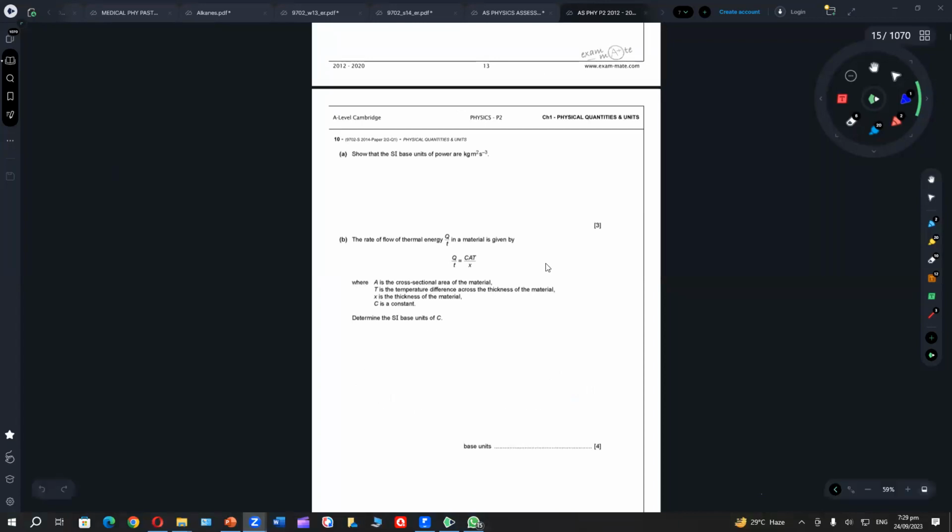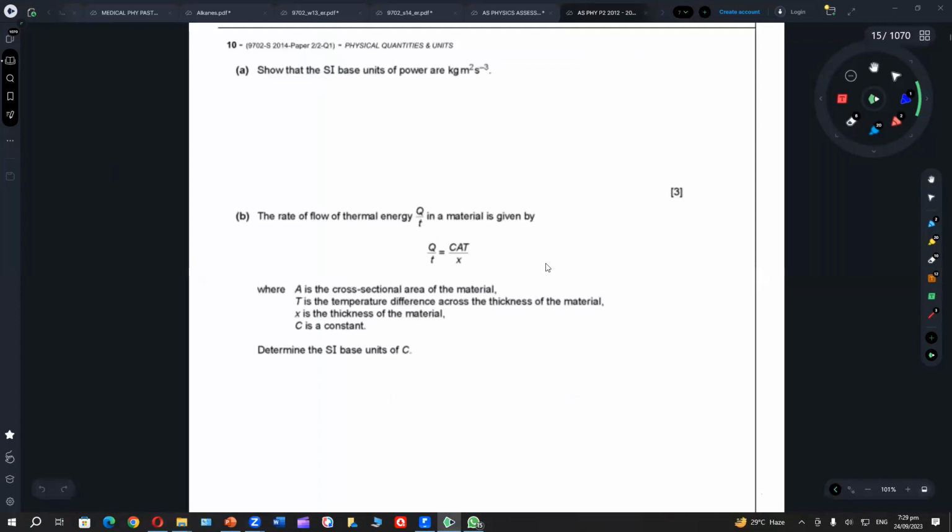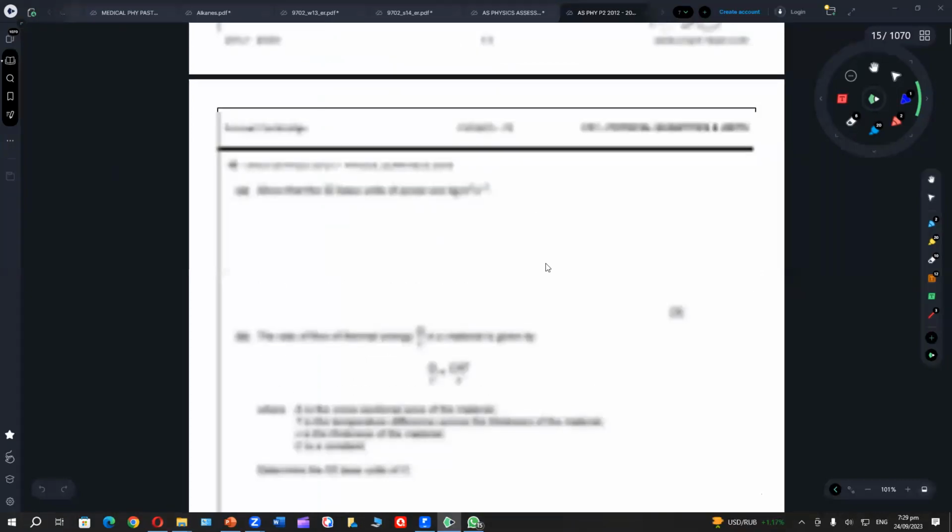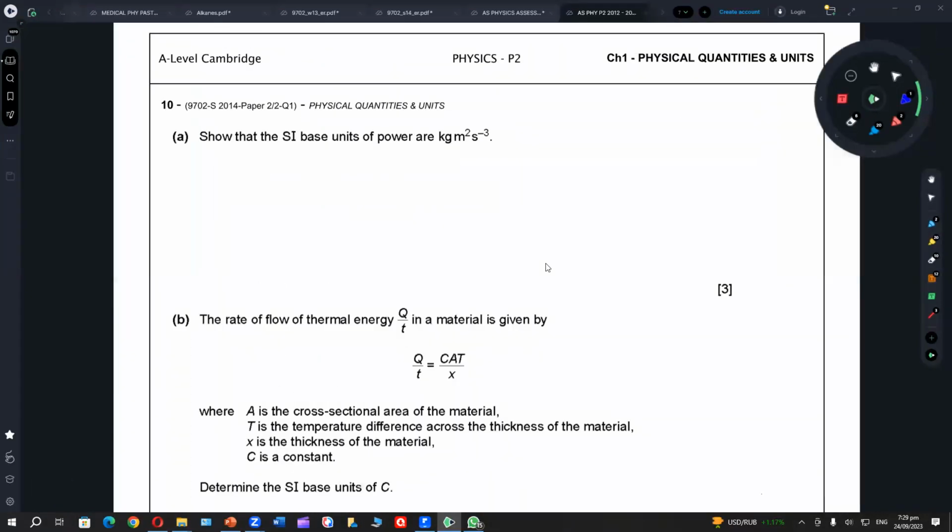Just only for 5 to 10 minutes. We have done some work today, so we can try an easy question, not a difficult one. Show that the SI base units of power are kg m square s minus 3.